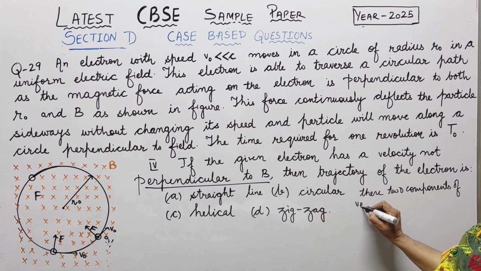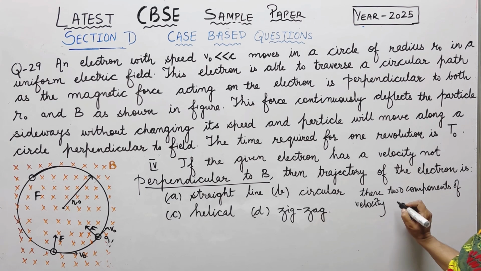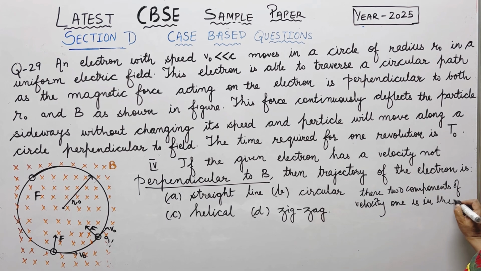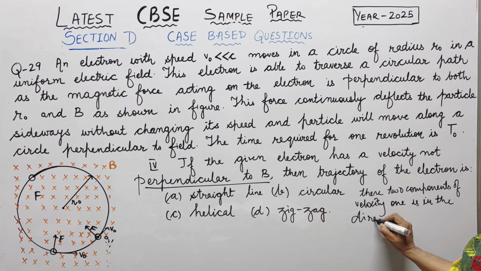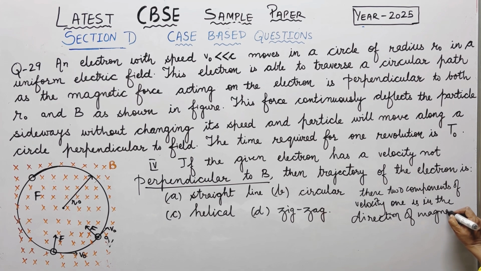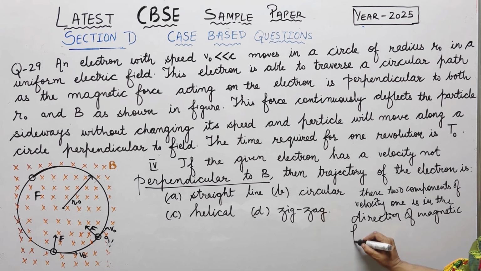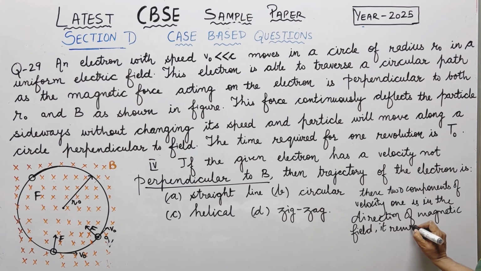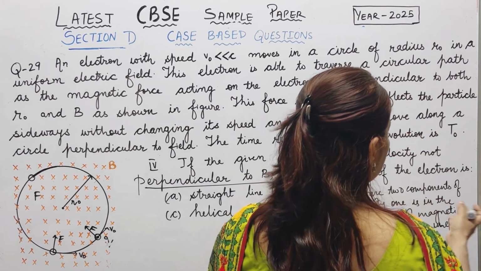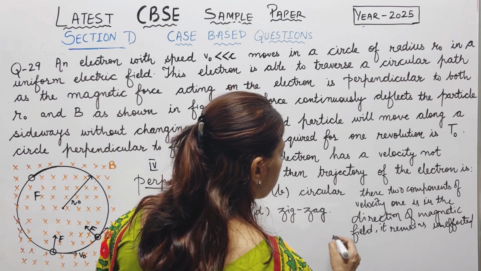We have resolved velocity into its two components. One is in the direction of the magnetic field, and it remains unaffected. There is no change on it. One is the parallel and another is the perpendicular component.